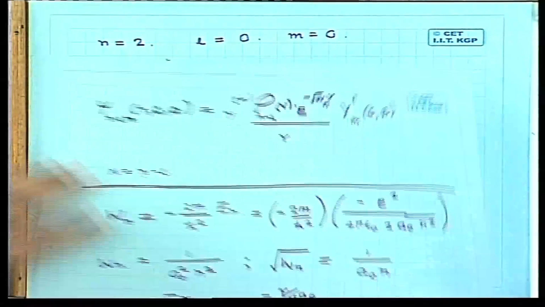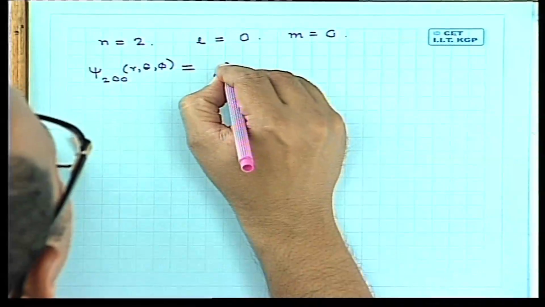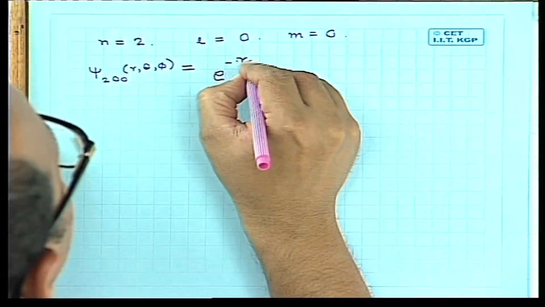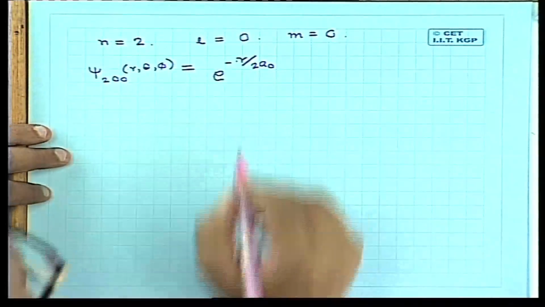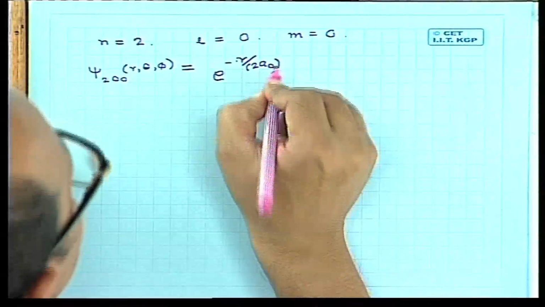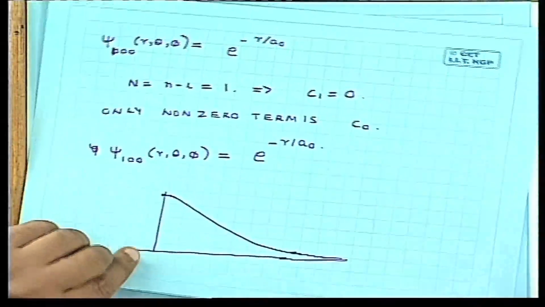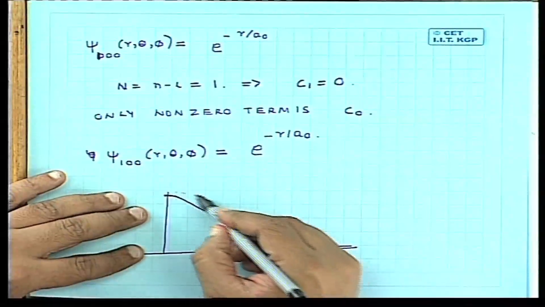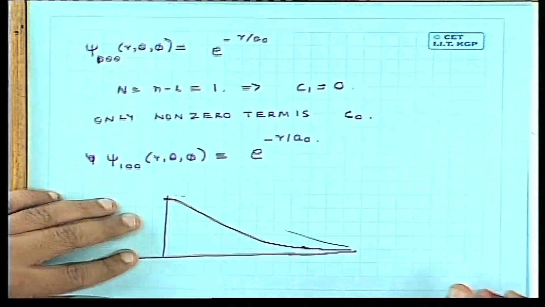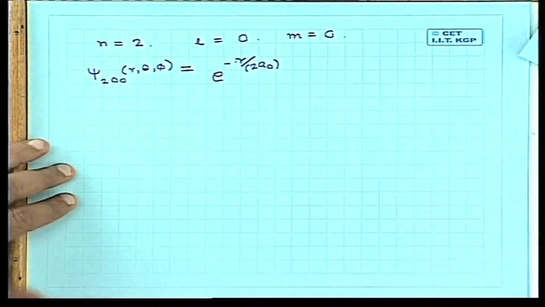So that is the first difference. So we have exponential minus r by 2a naught. So if the ground state looks like this, then the exponential decay will be much slower for the first excited state, because the length scale on which it falls off is larger.